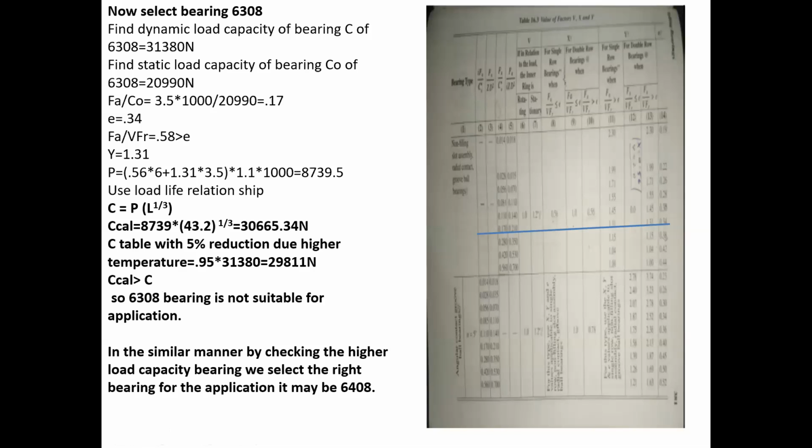If such type of question is coming in your examination, you have to show at least 2 iterations. If in the 2 iterations your bearing is not suitable, then we will write in the similar manner by checking the higher load capacity bearing.